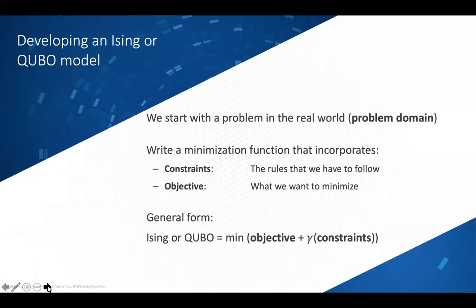So how do we develop it? How do we develop a model? And this is, again, some more review. You start with a problem in the real world that you want to solve, and then you write a minimization function that incorporates basically 2 things. There's an objective, which is some function that you want to minimize.